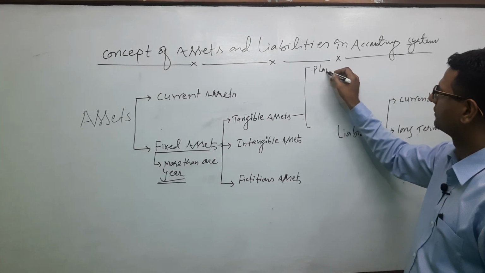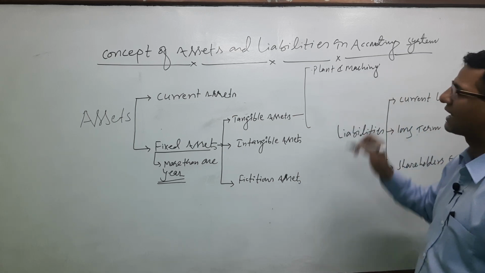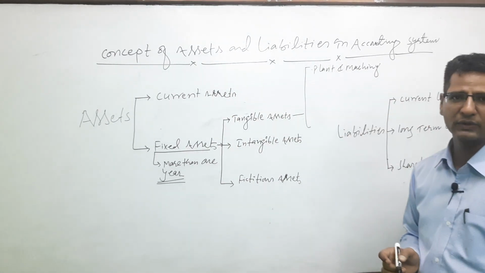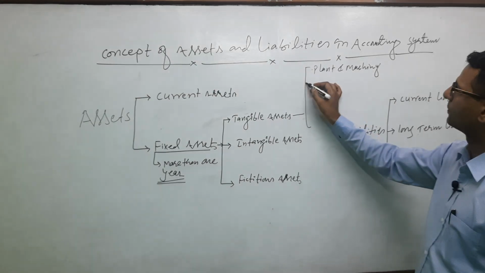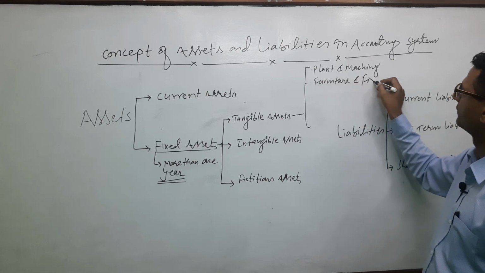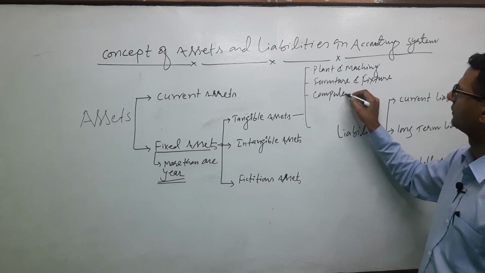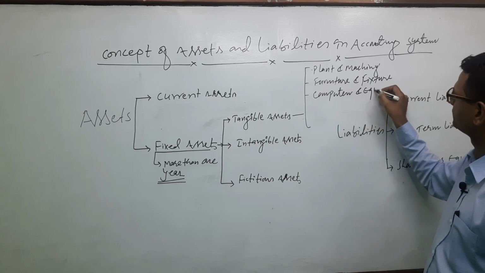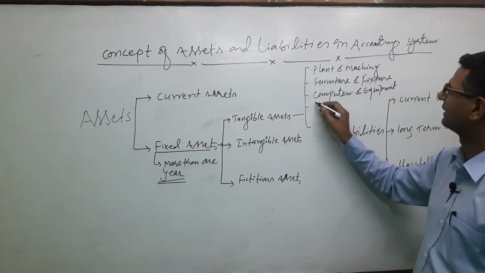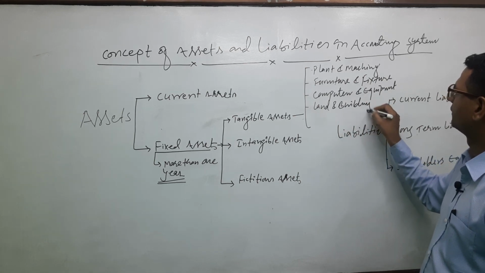Those assets which have physical existence: plant and machinery. Without machine, without different types of plant, we cannot produce anything. So furniture and fixture, computer and equipment, land and building, vehicles.